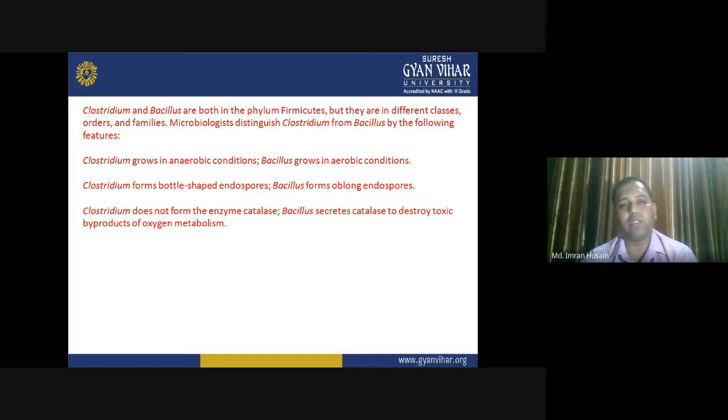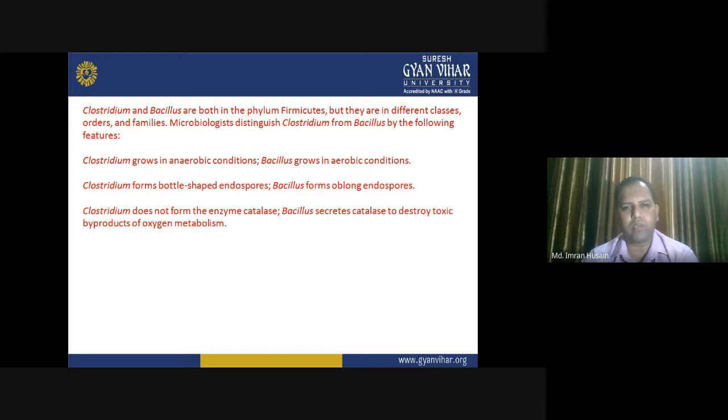But on the other hand, Clostridium does not have any role for oxygen, and oxygen is extremely lethal or poisonous for it. So it does not produce any catalase enzyme because it lives in an environment that is free from oxygen, or where oxygen does not play any role in its survival.